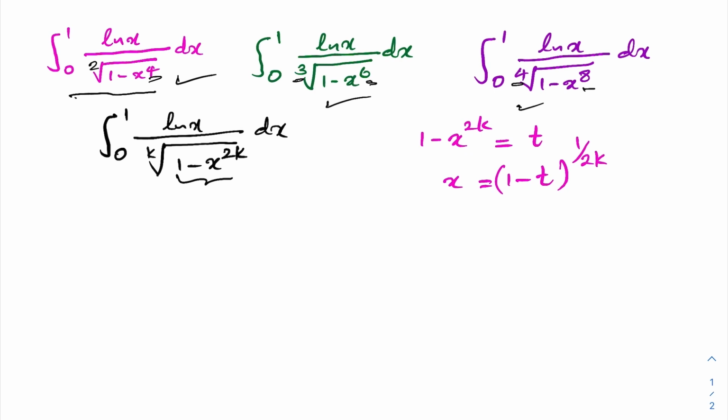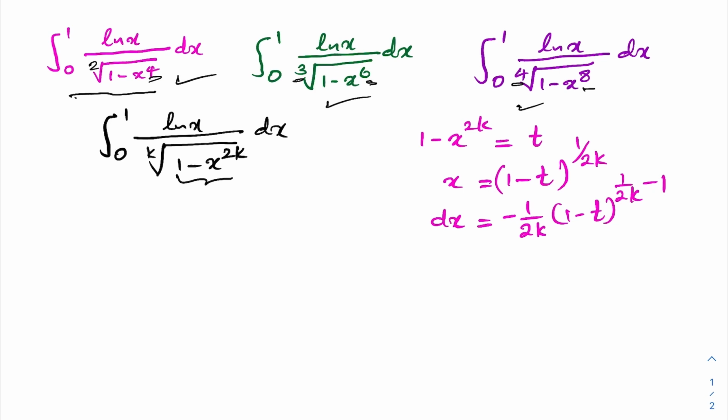Now we can differentiate. So dx is equal to minus, according to the power rule, 1 over 2k times (1 minus t) raised to the 1 over 2k minus 1, dt.